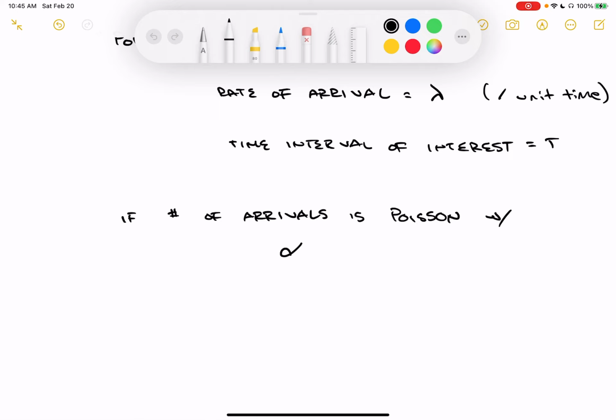So I'm going to say alpha equals lambda times t. Lambda is a rate of arrival, and t is the time value of interest. So the units on alpha are just the total number of things. If you have a number of things per unit time and then multiply it by time, it's just the number of things. So alpha is in the units of whatever things you're counting.